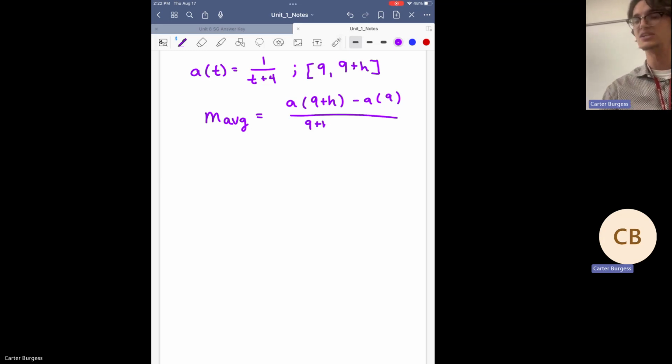That is 9 plus h minus 9. Right? To be very clear, the interval that we are given is a bunch of x values. This 9 here is x1. This 9 plus h is that second x value, x sub 2. Right?